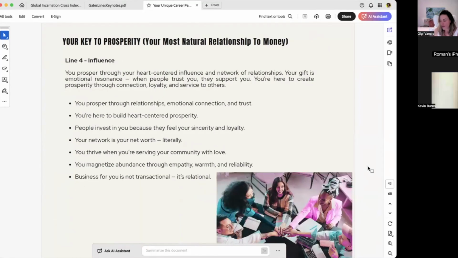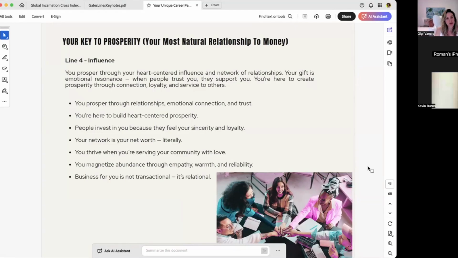All right, line 4. This is Roman. So influence. You prosper through your heart-centered influence and network of relationships. Your gift is emotional resonance. So when people trust you, they support you. You are here to create prosperity through connection, loyalty, and service to others.